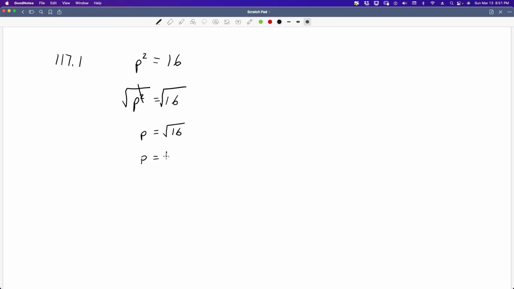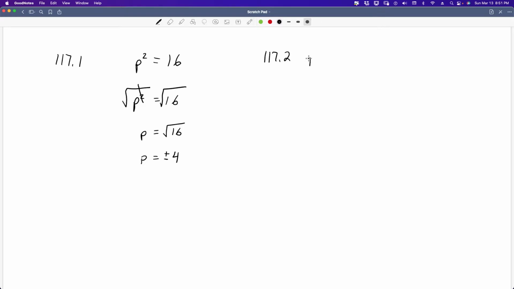But we have to remember that it could be positive or negative 4, because positive 4 times positive 4 is the same thing as negative 4 times negative 4. Because a negative times a negative is a positive answer, right? We've already learned that.